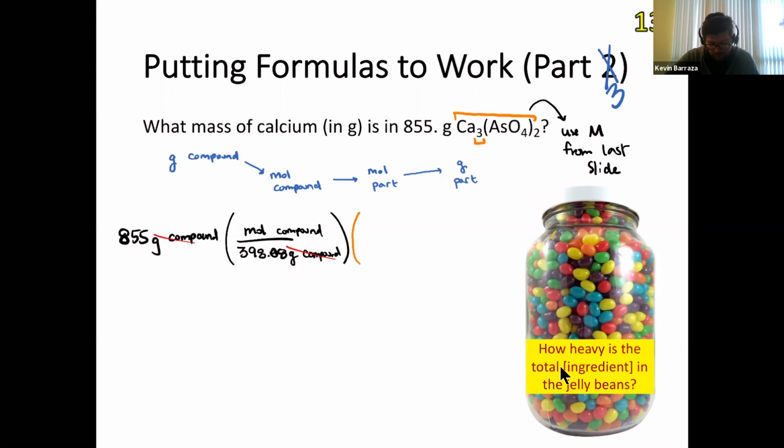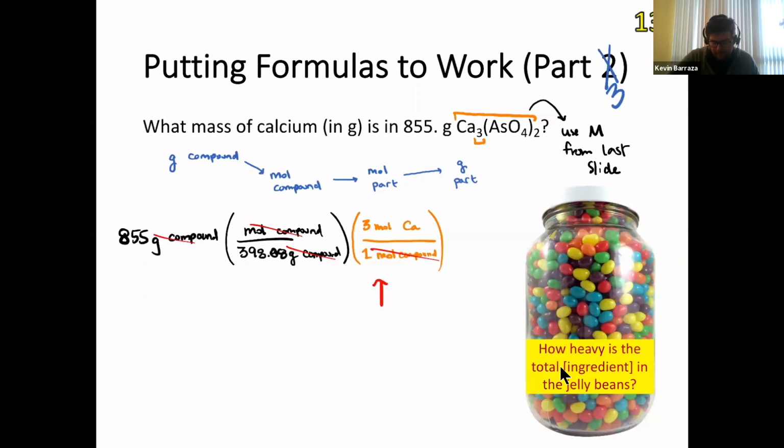So that's going to be 1 mole of compound is going to be 3 moles of calcium. There we have it.